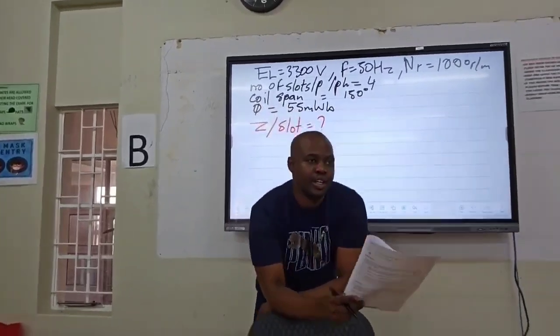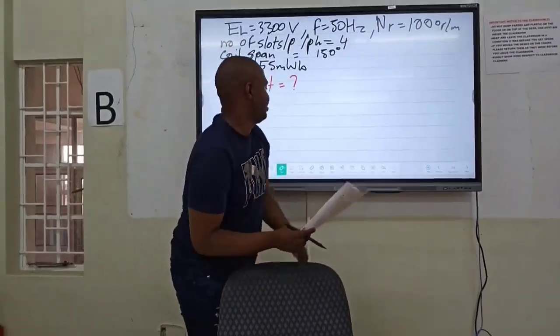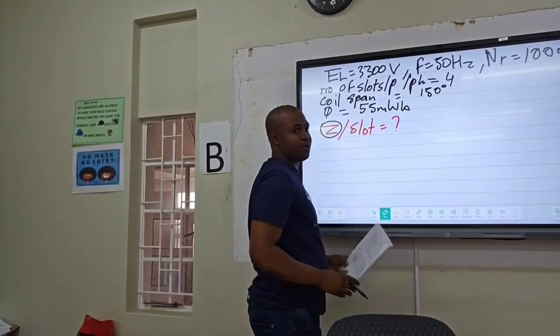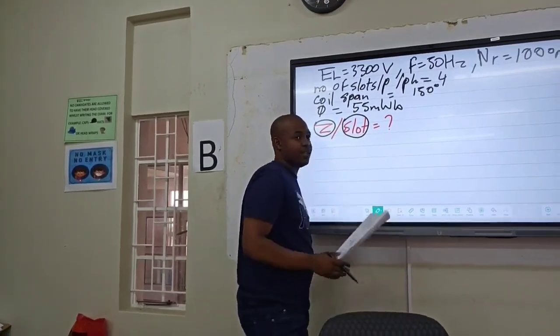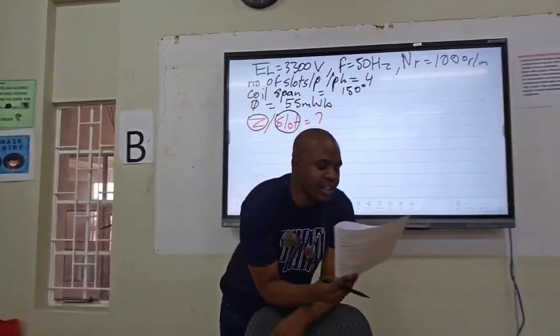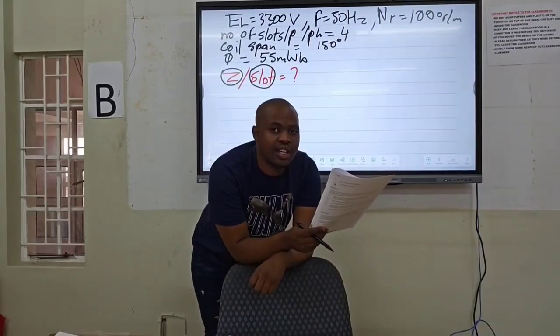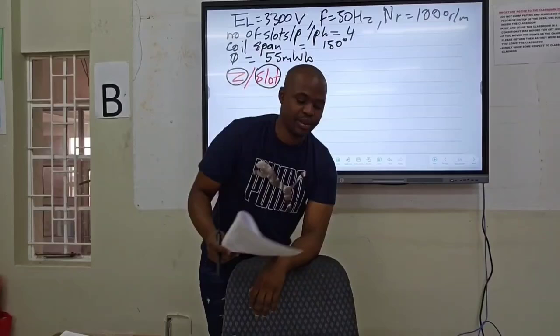Meaning, in order for me to do this calculation, I need to know the total number of conductors and the total number of slots. Then we divide the total number of conductors by the total number of slots.